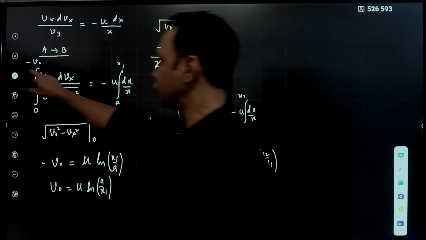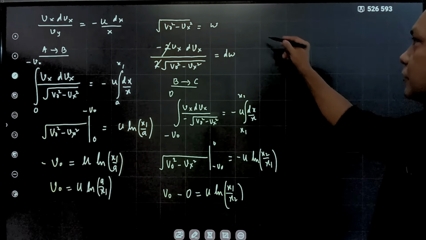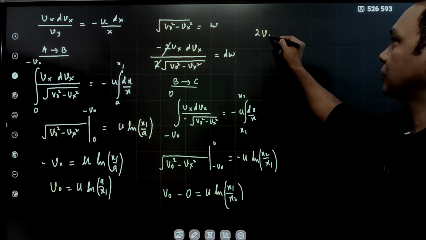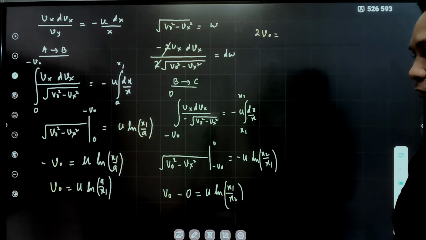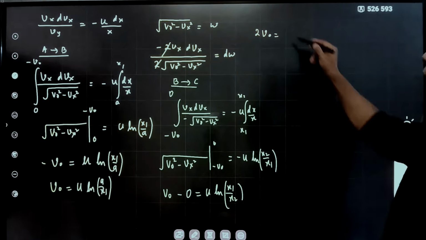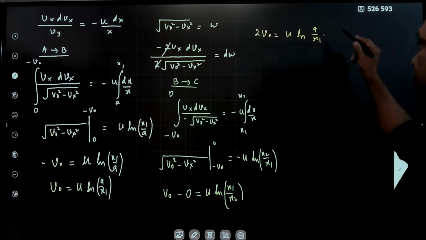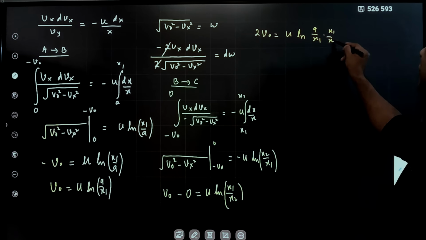If you add these two equations, you will get 2V0. 2V0 is equal to, you will take U common, ln A plus ln B is ln AB. So U into ln A by x1 into x1 by x2.